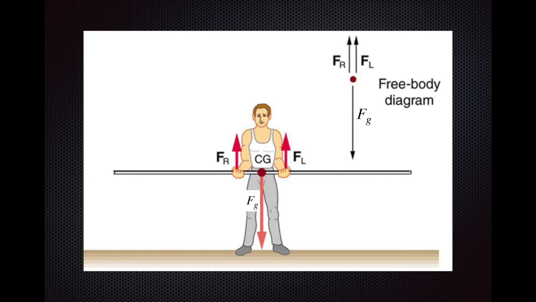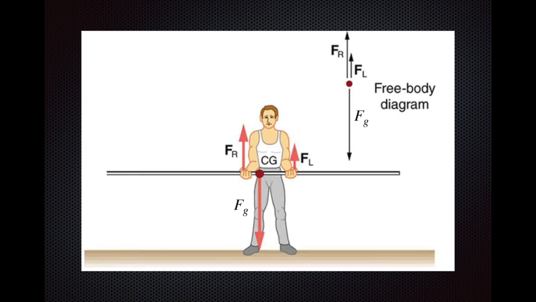If he's holding the pole with his hands equidistant from the center of mass, then his right hand and his left hand can apply equal forces and therefore equal torques, equal in magnitude but opposite in sign, so the pole won't rotate. They just need to add up together to balance out the force of gravity.